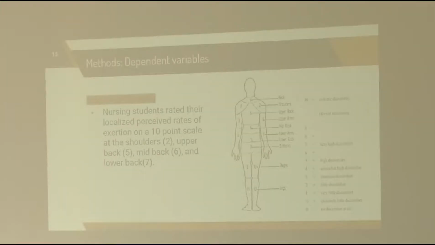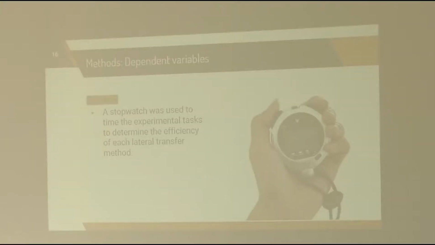In a similar manner, the body discomfort map allows rating of the task, but this time at localized areas. And we've chosen 4 different areas that are really related to pulling tasks in nurses. In addition to that, time was collected as an indicator of efficiency.